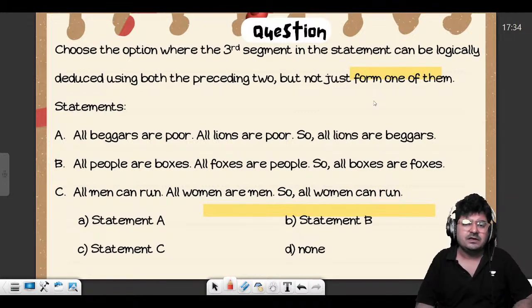Choose the option where the third segment in the statement can be logically deduced using both the preceding two, but not just from one of them. So basically, that is a conclusion.